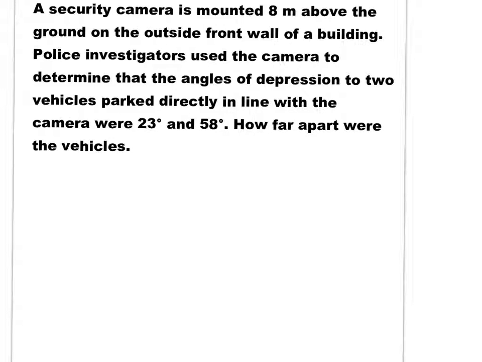Next question, we have a security camera which is mounted 8 meters up a wall, let's say here, and then we have 2 cars in front of it, let's say here and here. What it's saying is that if the angle of depression from the camera to each one of the cars is 23 and 58, how far apart are they?